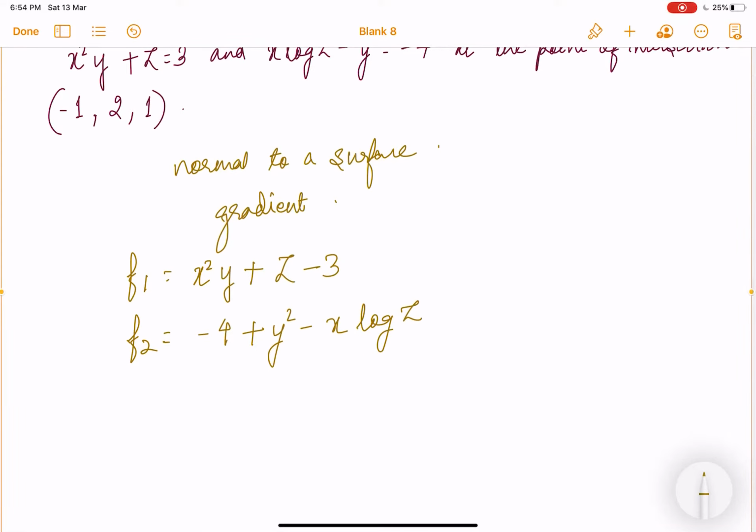Now let me take out the gradient. For the first surface, what will we get? This is how you take out the gradient.